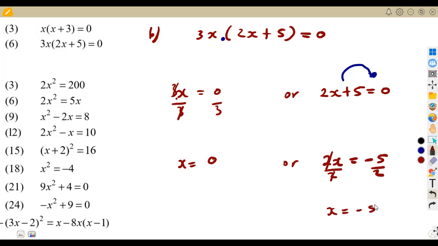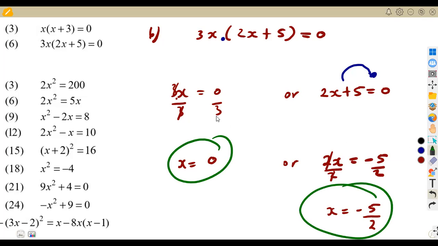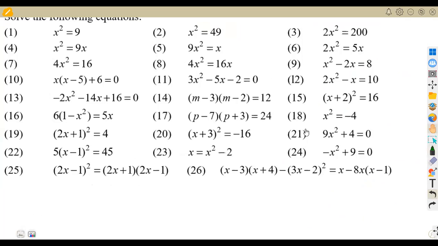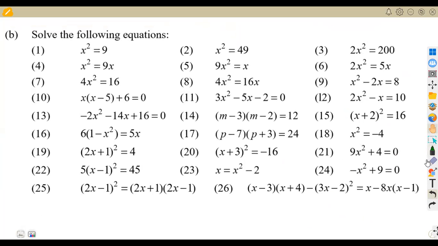And our x there is going to be negative 5 over 2. So there we've got two possible solutions, x being 0 and x being negative 5 over 2. That's it. That's how we can solve these equations. All right. So as if it's not enough, there can be questions that you can actually be factorizing, because you'll be wondering to say, so where is the part of the factorization?